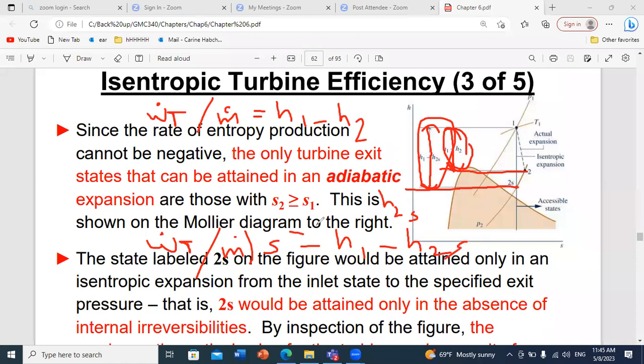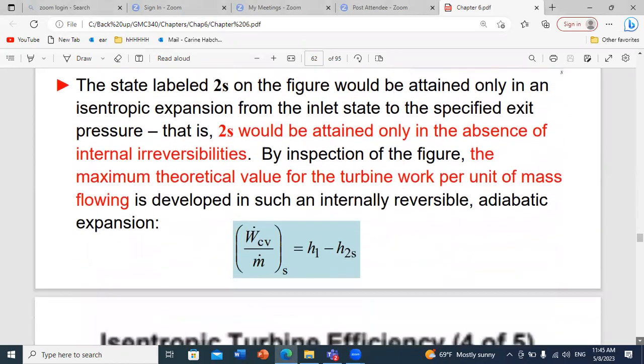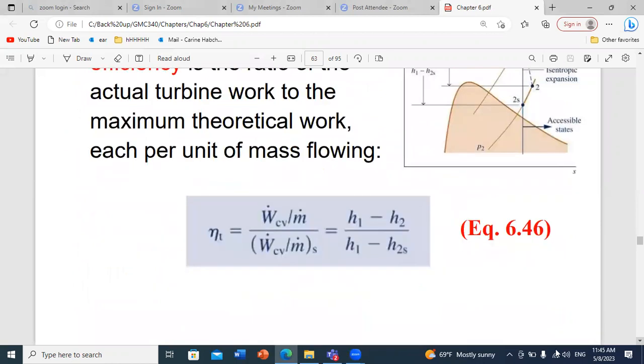Because this is always larger, we define what we call the isentropic efficiency. Sometimes in a problem I tell you the isentropic efficiency is this much. Okay? So then you can relate the ratio, because what is the isentropic efficiency? Now we'll see it in the next slide. By definition, the isentropic efficiency is the ratio of W dot over M dot real over W dot over M dot ideal.